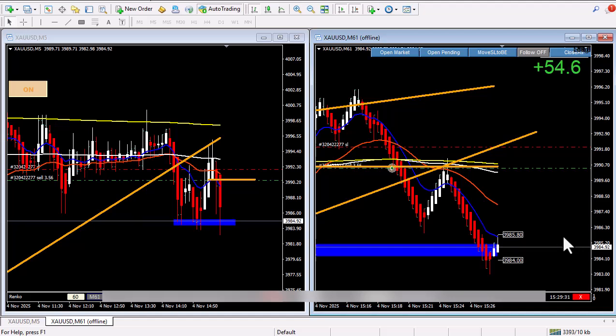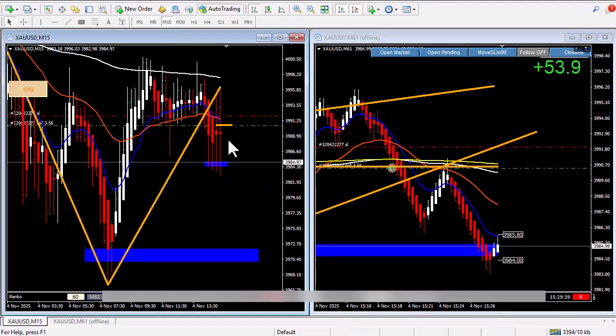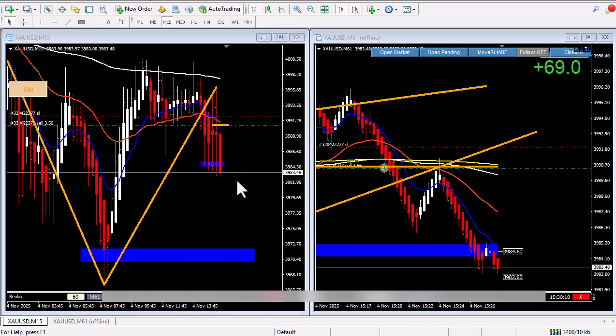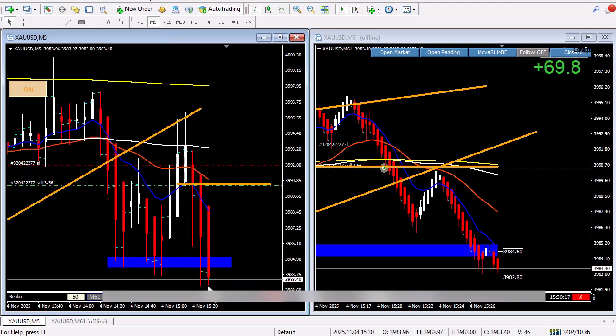Let's wait. Come on. Just retesting our area. And the 15-minute candle becomes red. Yeah. Now the red candle has been affected. Here you see, it opens above, closes below.